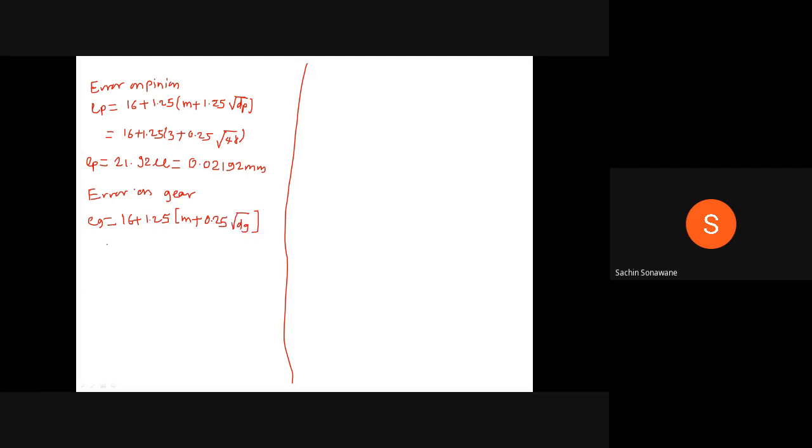Therefore, substitute the values: 16 plus 1.25 into bracket 3 plus 0.25 into root of 72.